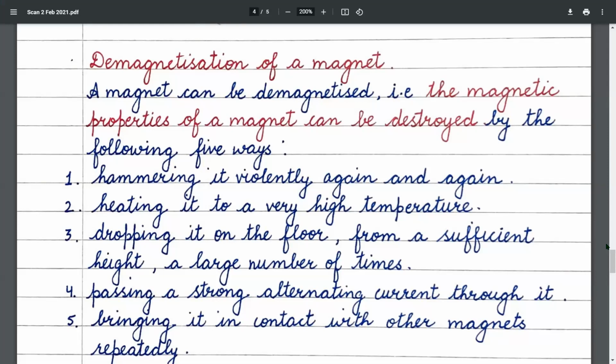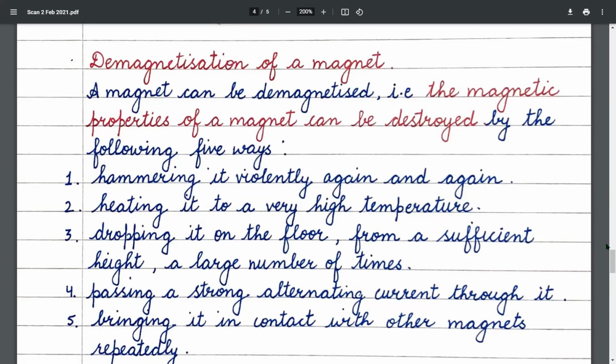A magnet can be demagnetized also. That is, the magnetic properties of a magnet can be destroyed, and this happens in the following ways. Number one, hammering it violently again and again. Number two, heating it to a very high temperature. Number three, dropping it on the floor from a sufficient height a large number of times.